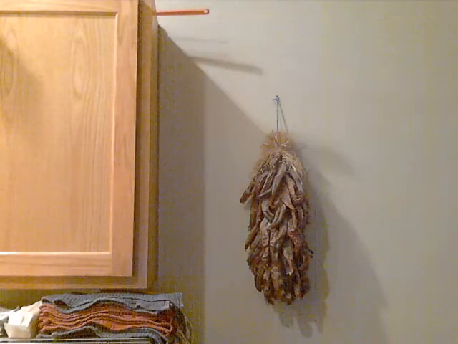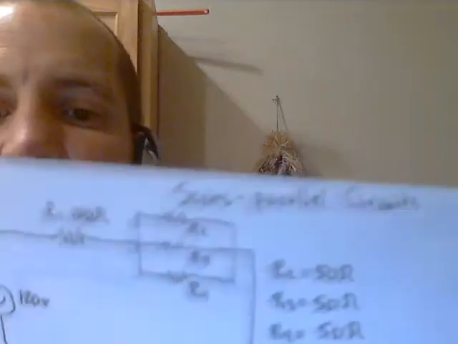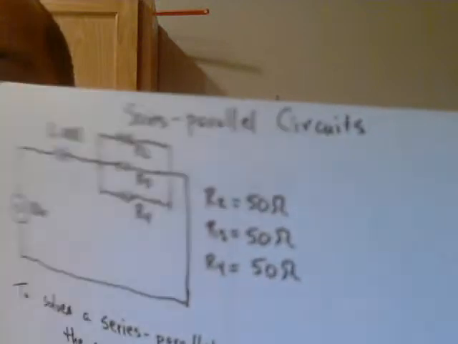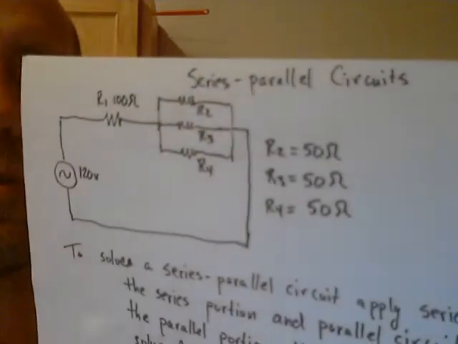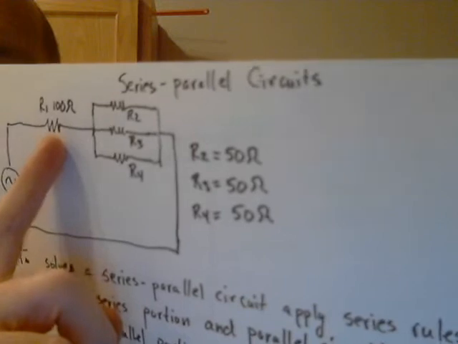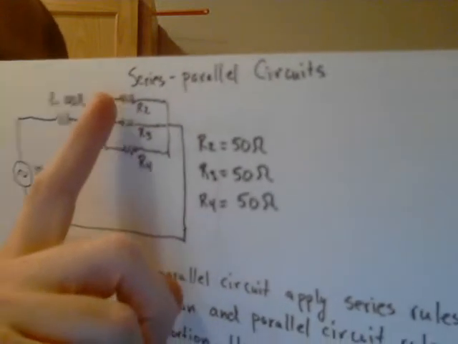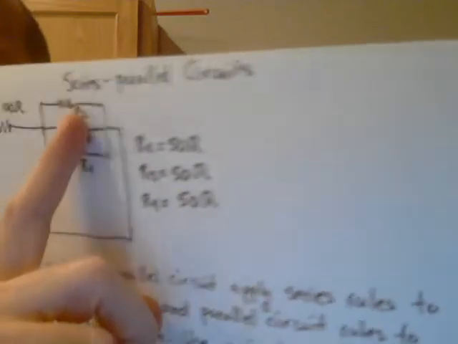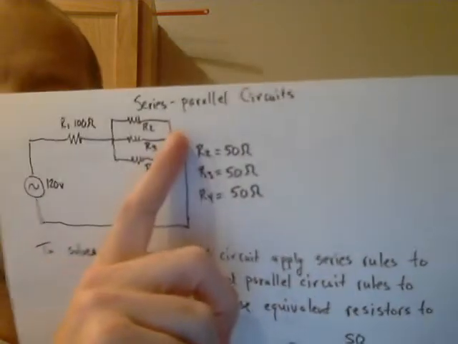Okay, now that we have reviewed our rules for series and parallel circuits, let's get back to this situation. As I said, in the real world, this first resistor that I have shown here in my series parallel circuit might actually be a fuse, but here I'm going to just use a 100 ohm resistor, and then we're going to keep the same 3 light bulbs that we've had in the other circuit.